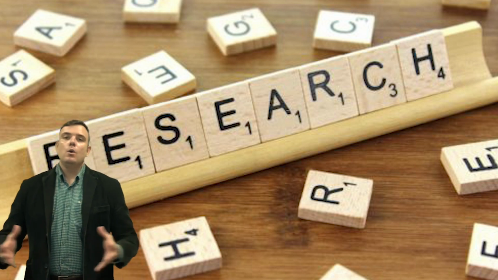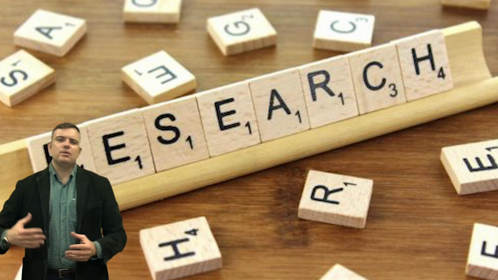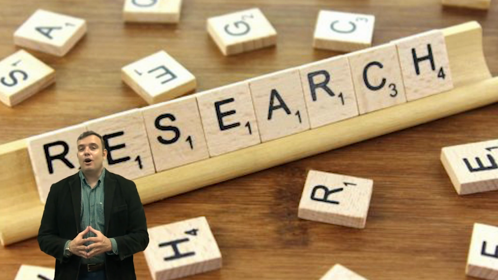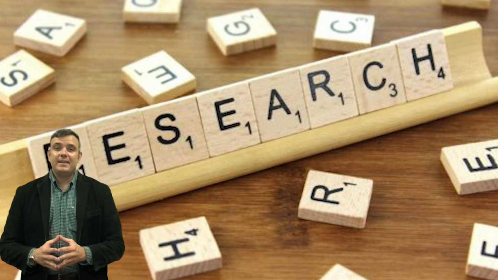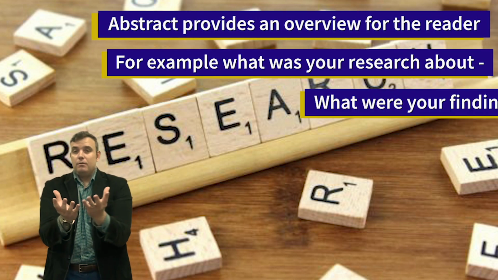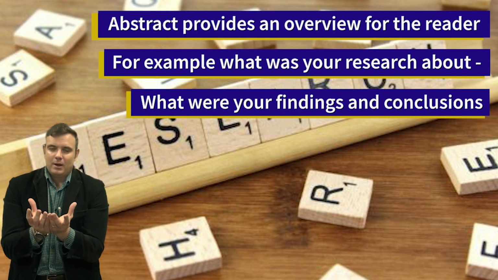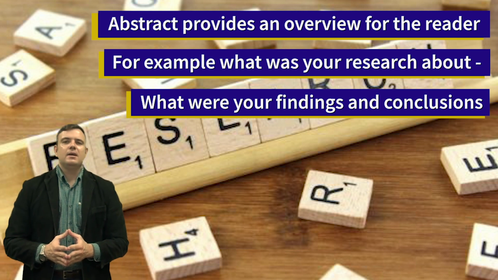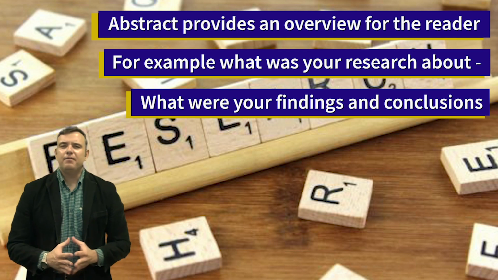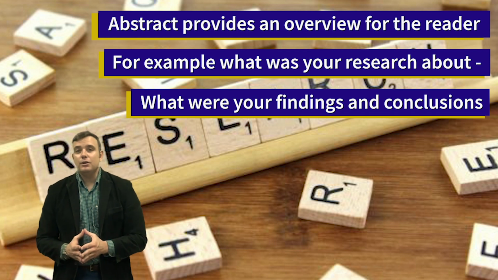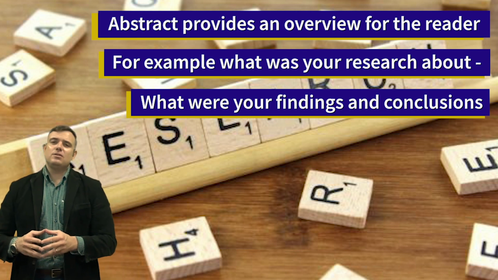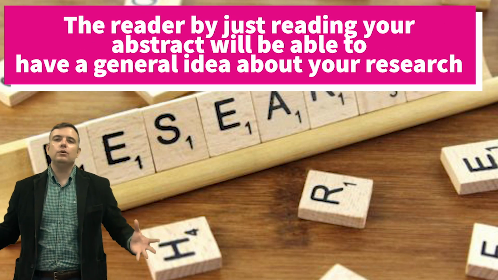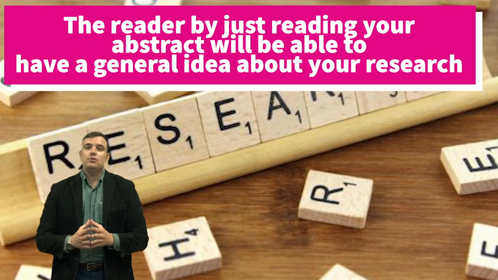When you do your research post or your research article, the function of an abstract is to provide an overview for the reader. They'll know exactly what your research topic is, what your findings were, and what your conclusions were. They will just need to read your abstract and get a general idea of the research that you carried out.